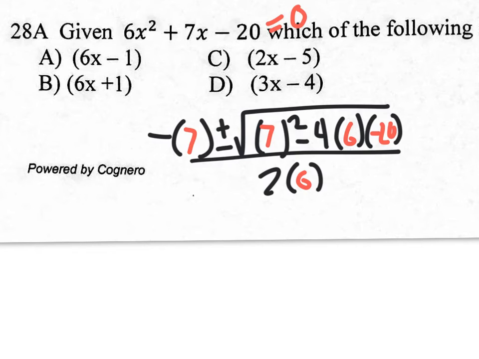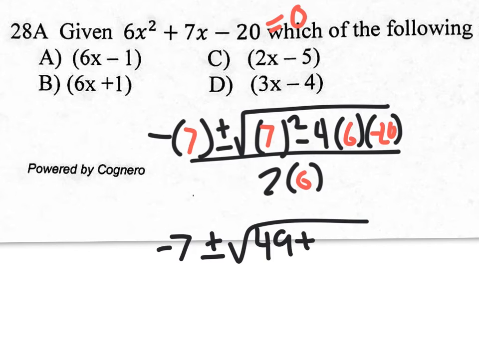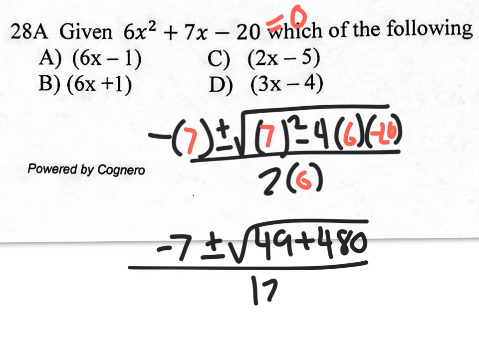So when I work on this thing, I have a -7 plus or minus the square root of 49 plus, because a negative times a negative is a positive, 24 times 20 on a calculator is 480, divided by 12.